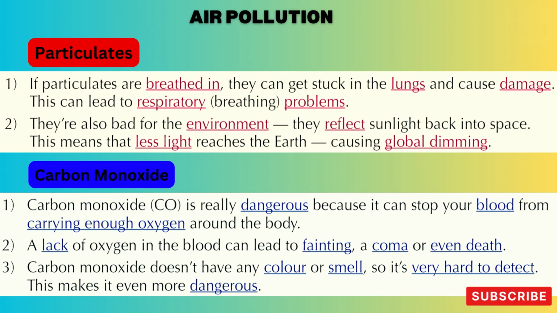Particulates. If particulates are breathed in, they can get stuck in the lungs and cause damage. This can lead to respiratory problems. They are also bad for the environment. They reflect sunlight back into space.